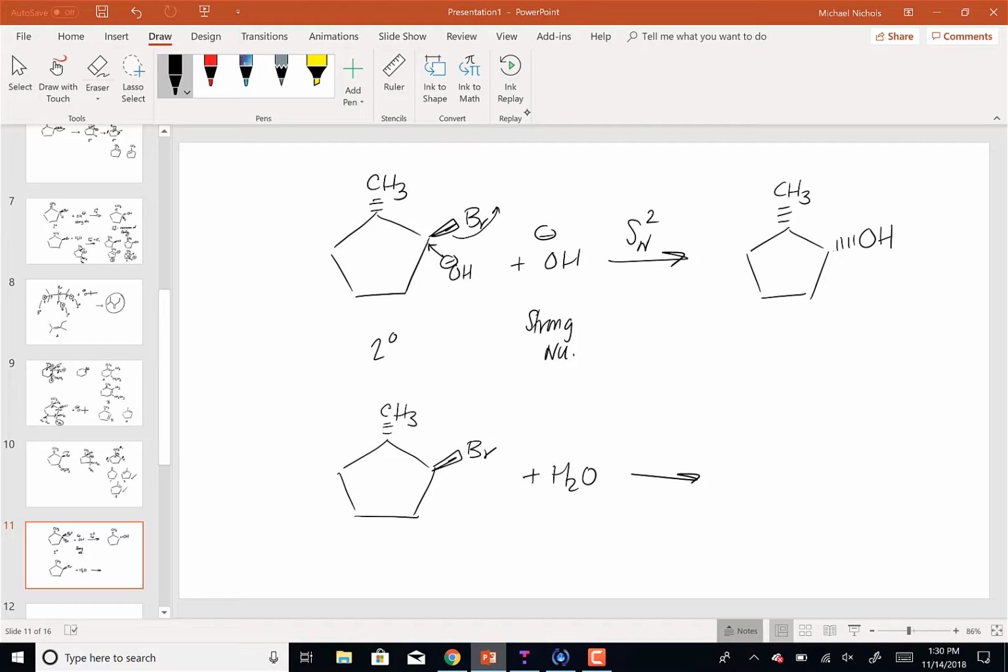It's a weak nucleophile. Weak nucleophile, so what? SN1 and E1. Yep. So it's SN1 and E1.